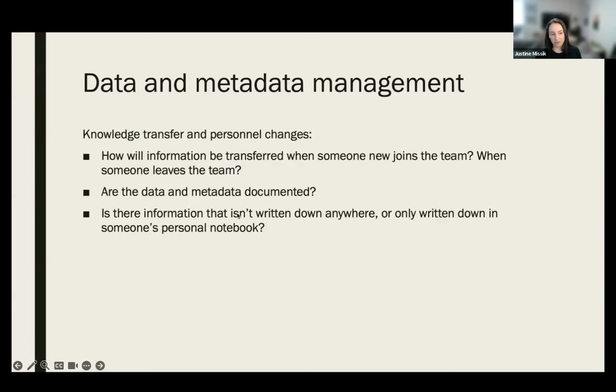Do you have information about your data, about your site, or metadata that actually isn't written down anywhere? In my experience, this is kind of common, that there will be important things to know about a site or the way data was processed that's really just living in one person's head, and it hasn't been written down anywhere.